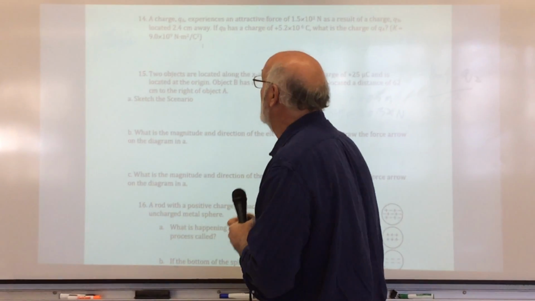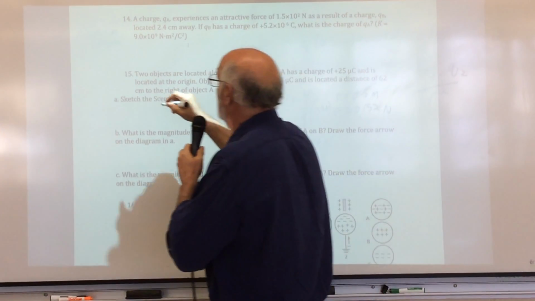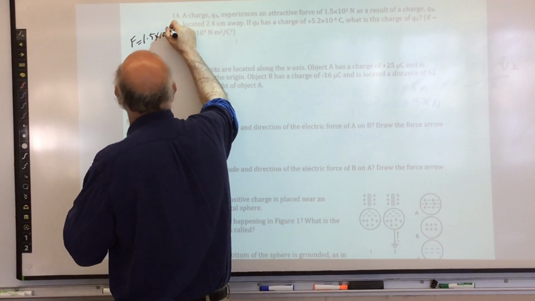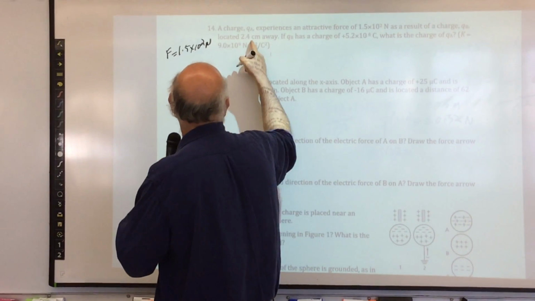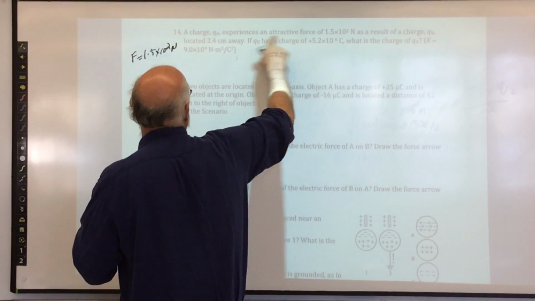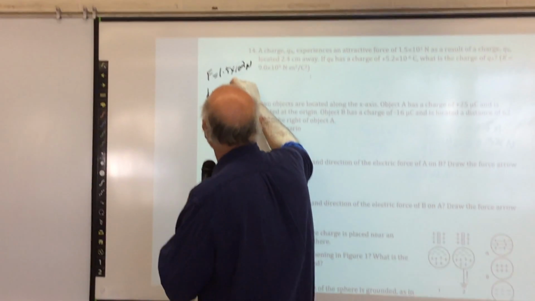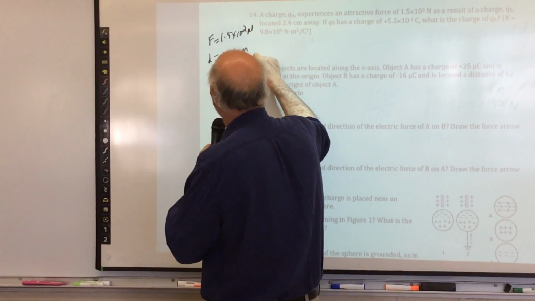Okay, so charge QA, attractive force. You sit there and go, cool. Force equals 1.5 times 10 to the second newtons. As a result, QB, the second charge, is located a distance of 2.4 centimeters. Remember, you want to make that meters.